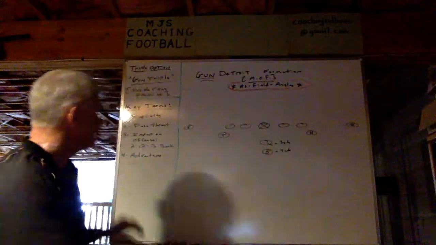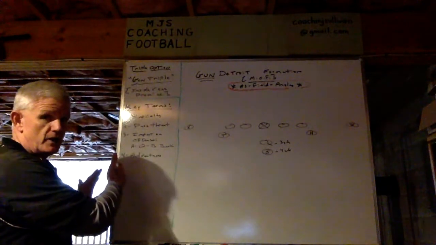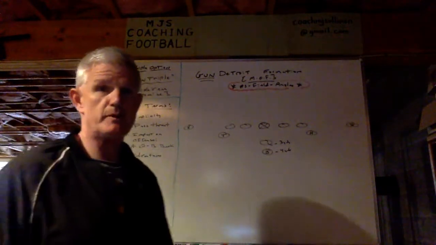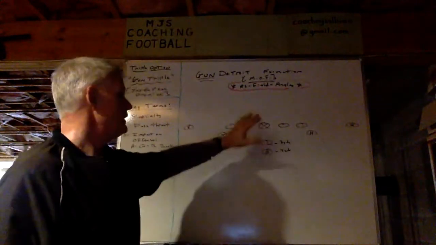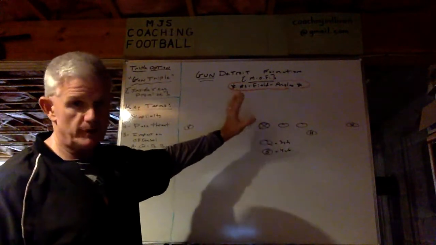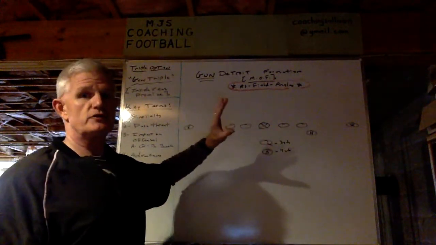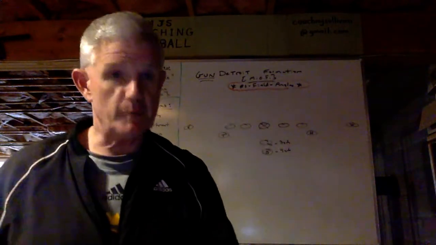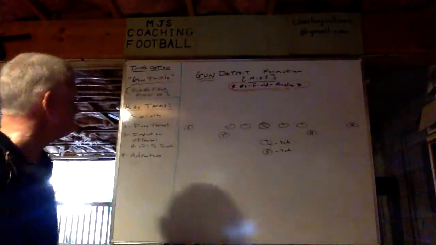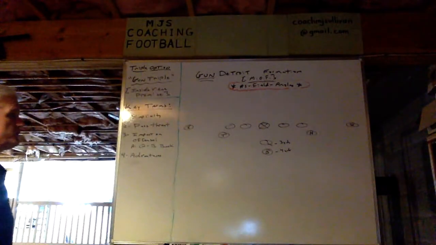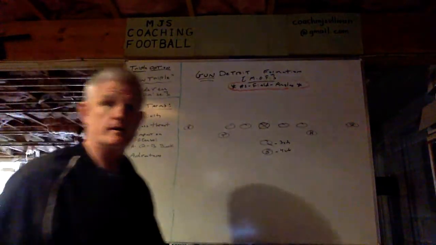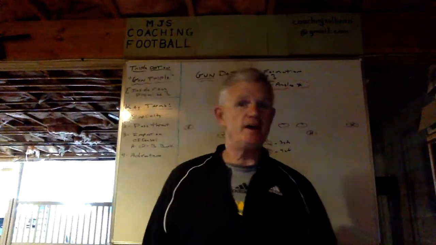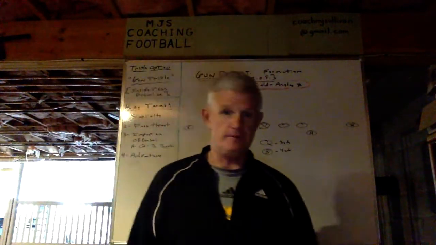So what I'll do is I'll go through the key terms as to how we're able to implement it into our repertoire. And then over here, I'm not going to draw up any plays at the moment, but I'll just show you the simplicity with which you can add the gun to your package. Okay? So the first key term is just that, simplicity. All we do is add the word gun in front of the formation.